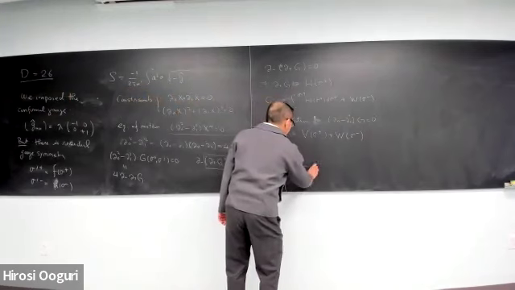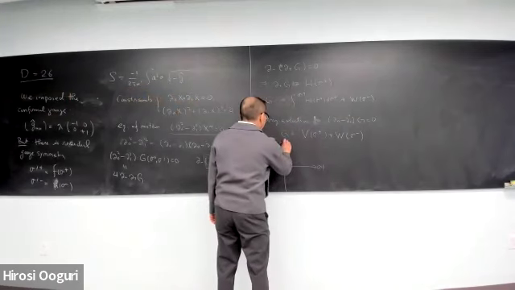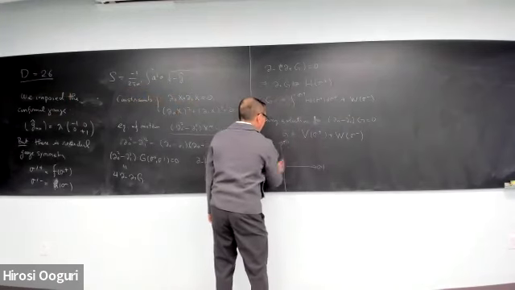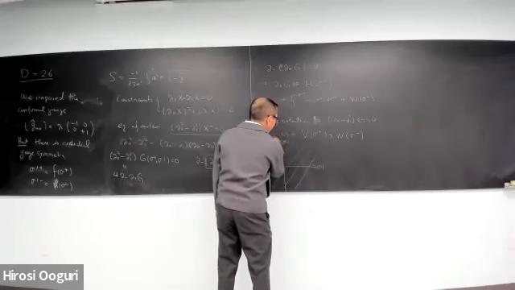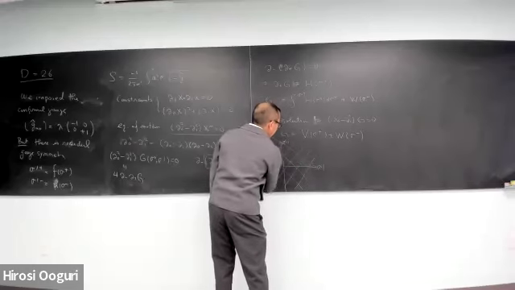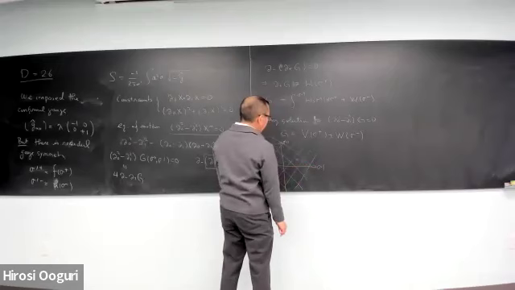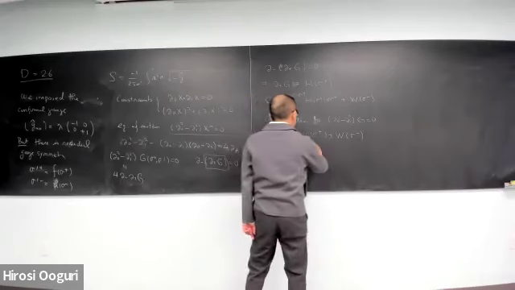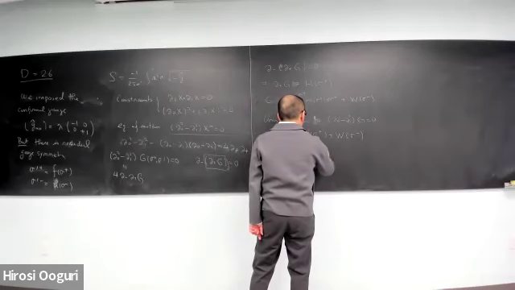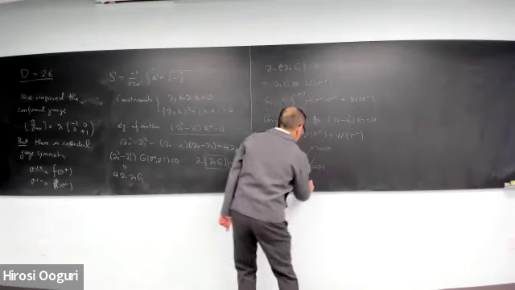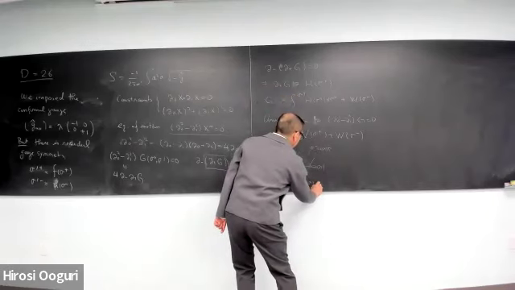Let me remind you that this is the sigma 1 coordinate, this is the sigma 0 coordinate, and the right-moving coordinates are like that. So this is sigma minus constant, and this is sigma plus constant.